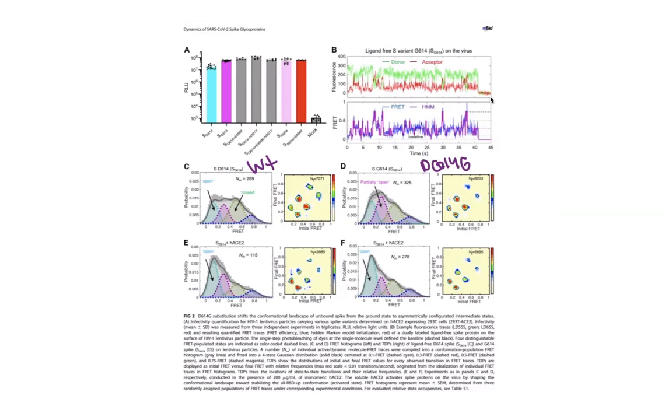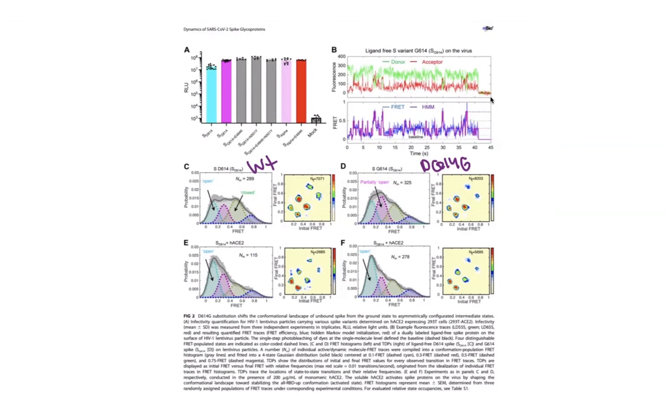One of the reasons they thought was that it might influence how that receptor binding domain is going up or down, because you can imagine if it needs to be in the up position to bind to ACE2, a mutation that made it up more often would increase its probability of binding and being able to infect cells.